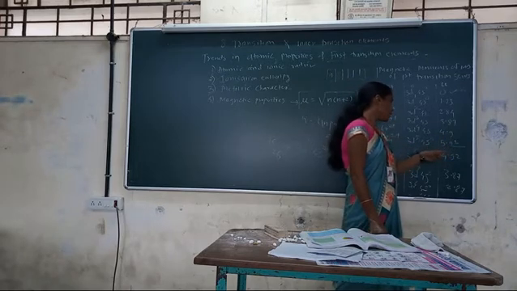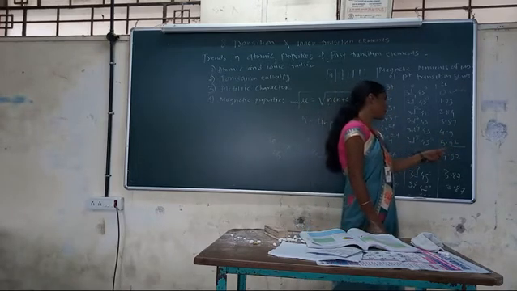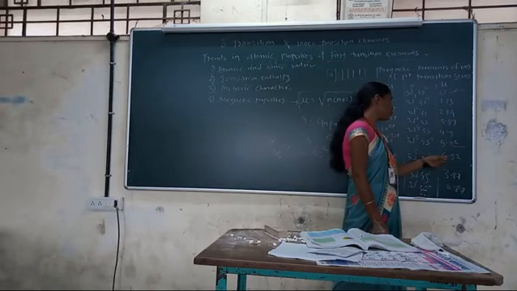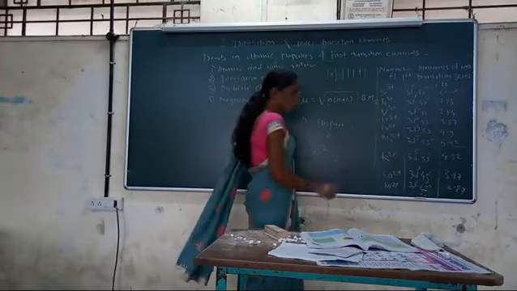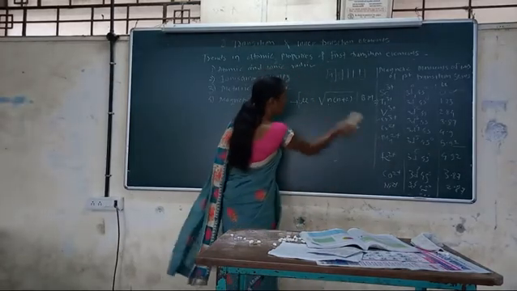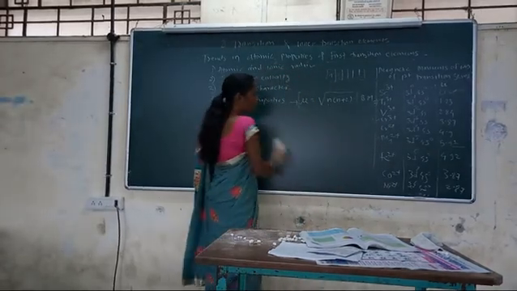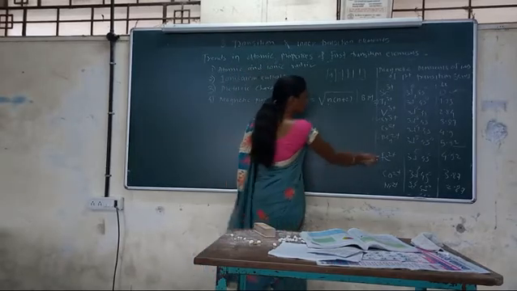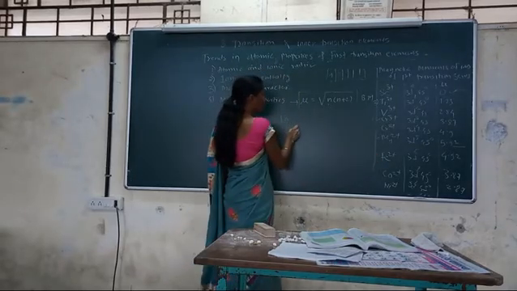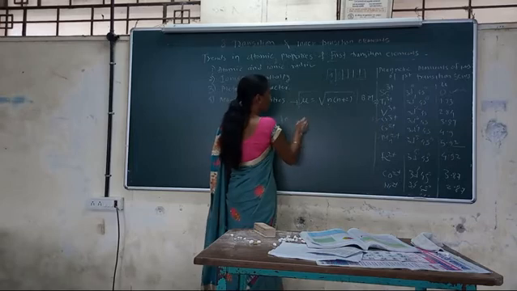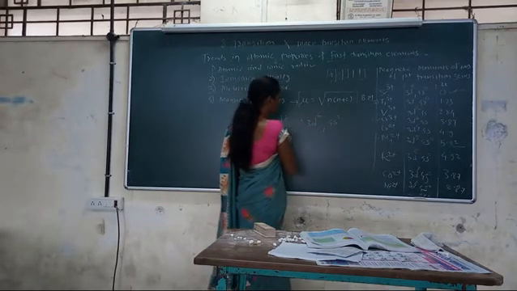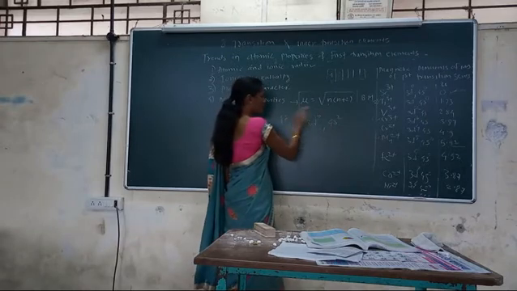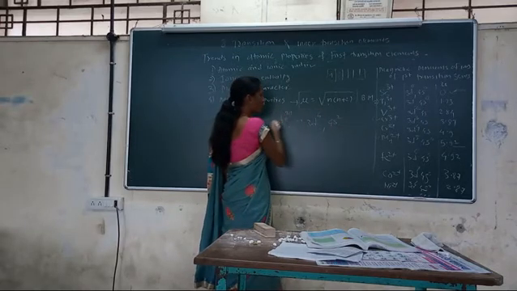It decreases again from Fe 2 plus. Fe 2 plus has a dipole moment of 4.92, which means it decreases, because Fe has atomic number 26, so 3d6 and 4s2. 2 plus means it has lost 2 electrons.